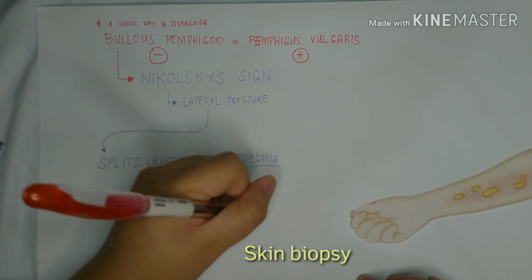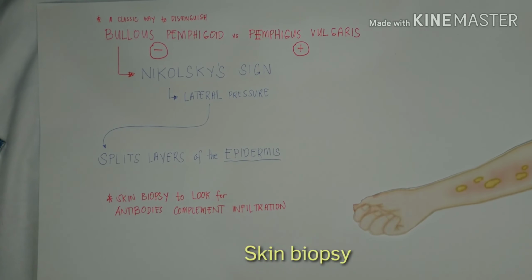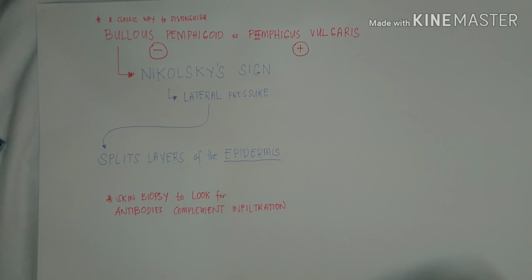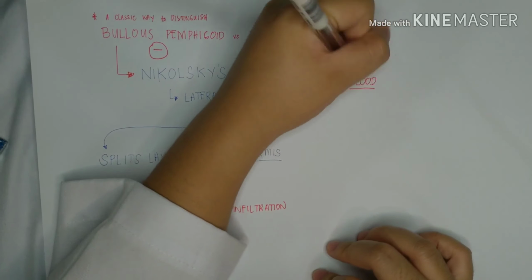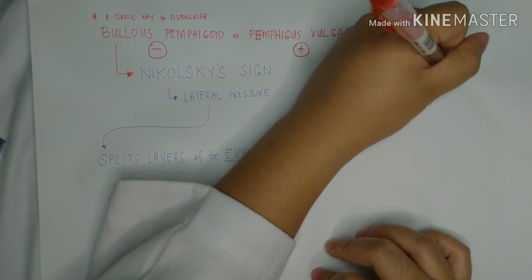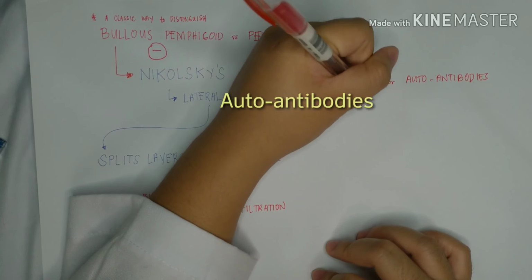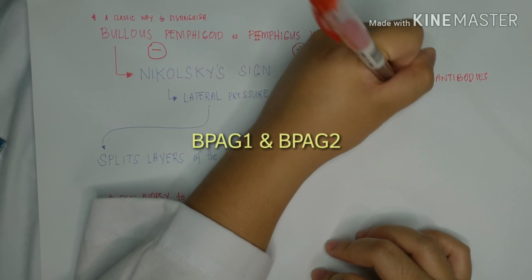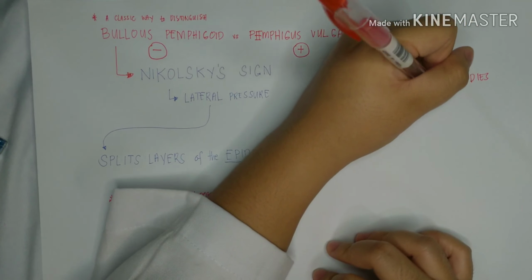In addition, a skin biopsy can be done to look for evidence of antibodies and complement infiltration into the skin. Finally, the blood can be checked for autoantibodies against BPAG1 and BPAG2.